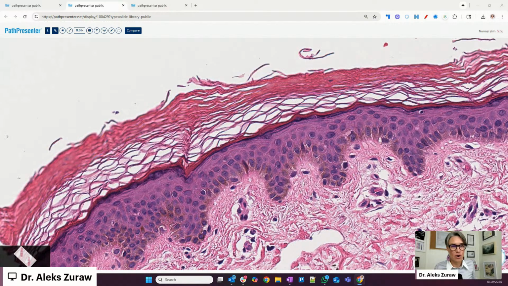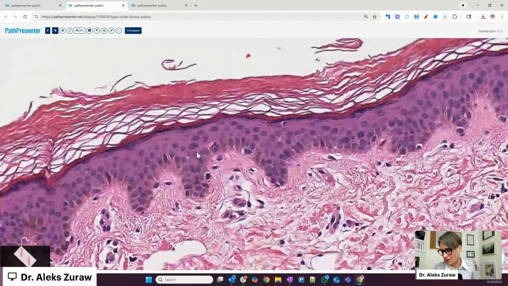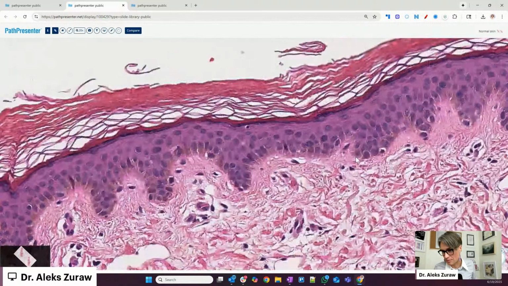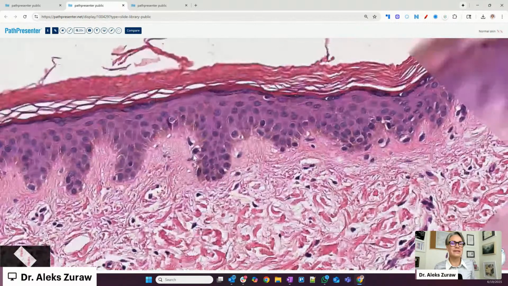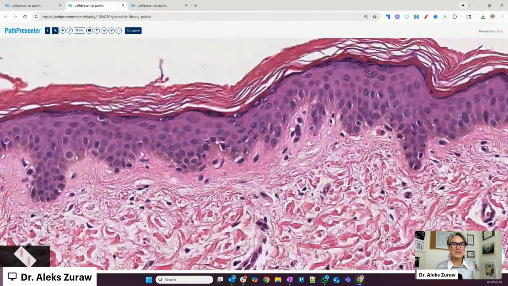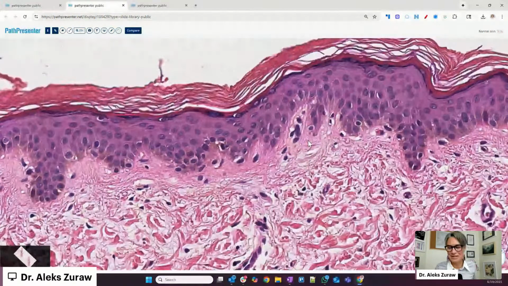Then stratum spinosum are these spiny cells. Let's see if we actually see any spiny cells. Often with these descriptions of different layers, you're not going to have them very literally depicted in every slide.